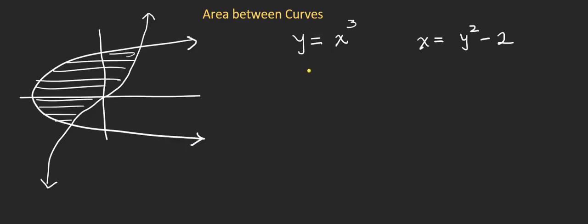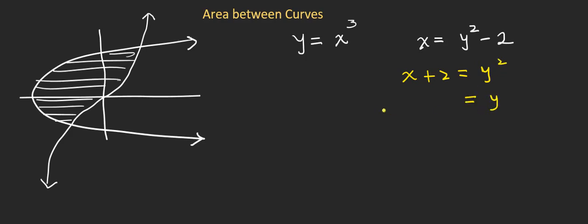Now, you want to find the region bounded by y equals x cubed and x equals y squared minus 2. You might want to graph this on your calculator. Remember, if you want to graph this on your calculator, you have to solve for y. So you get x plus 2 equals y squared.